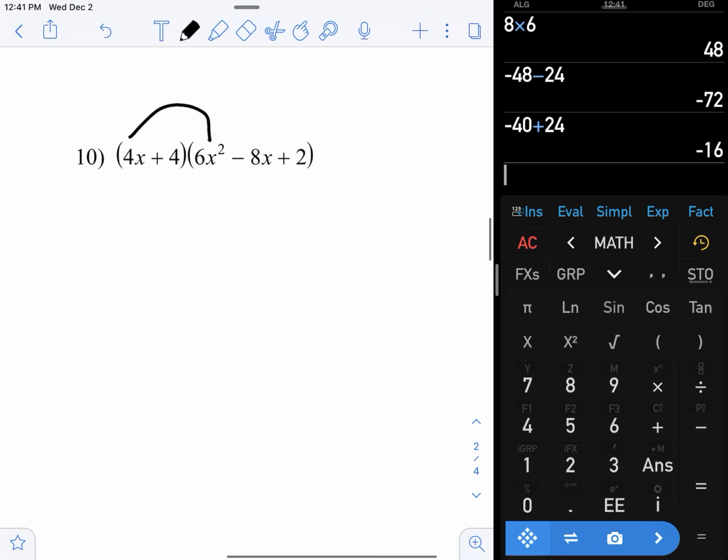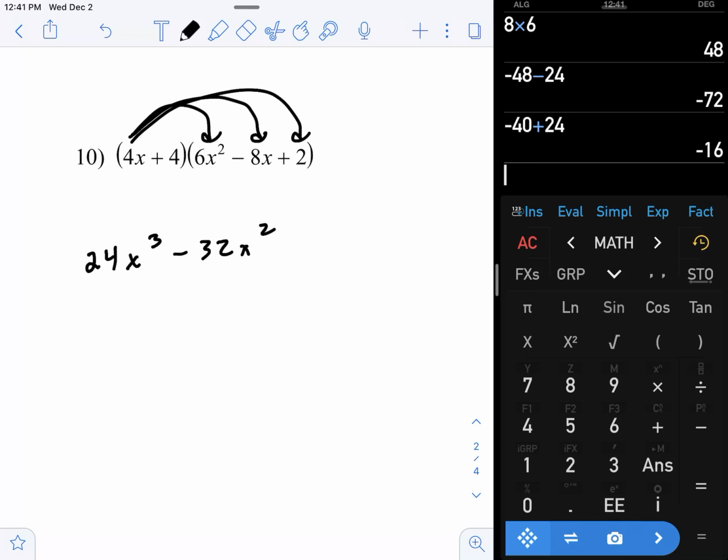Number 10. 4x times 6x squared is 24x to the third. 4x times negative 8x, negative 32x to the second. 4x times 2, 8x. Okay. 4 times 6x squared, 24x squared. Minus 32x, 4 times negative 8.